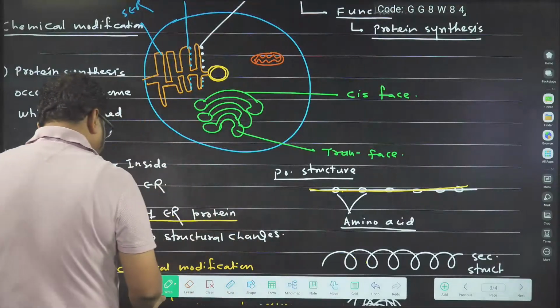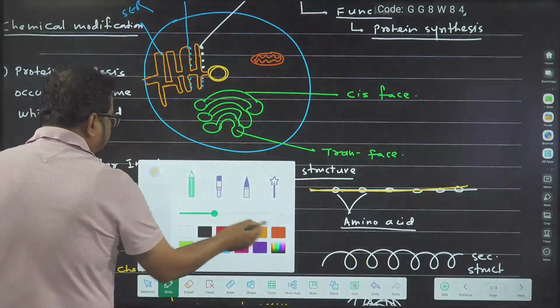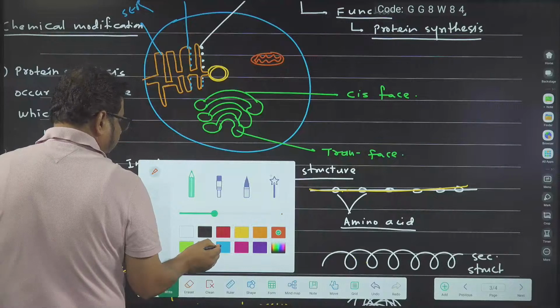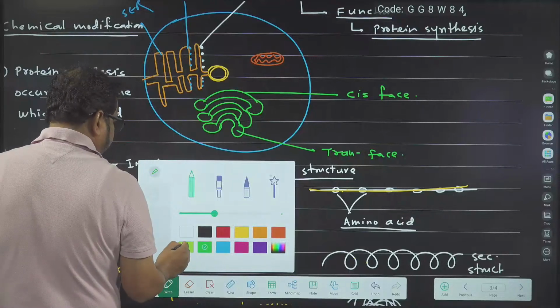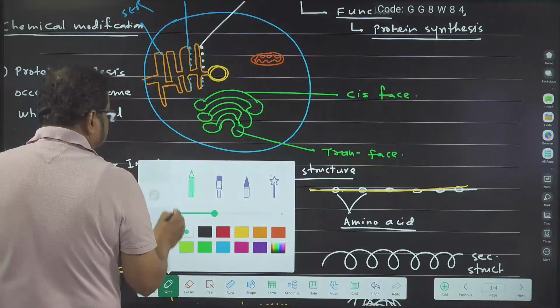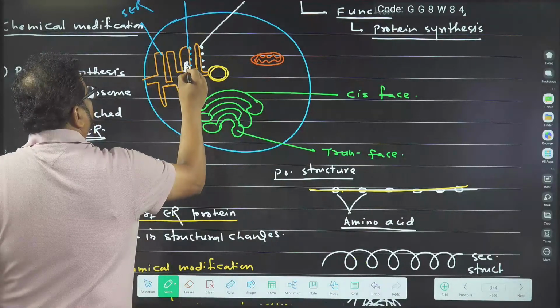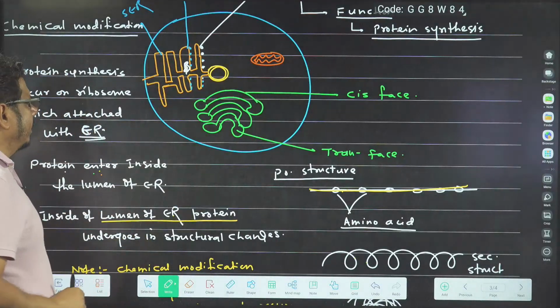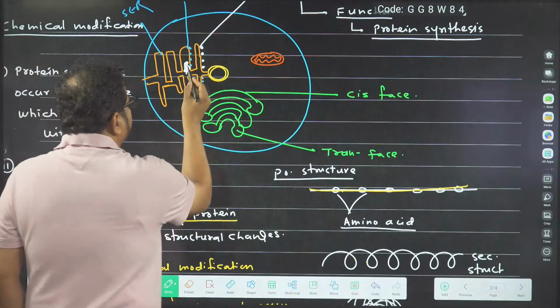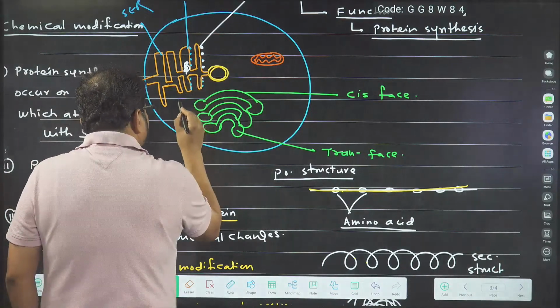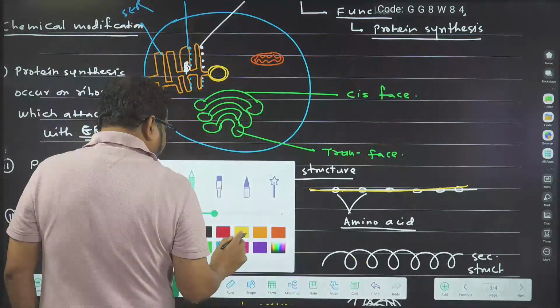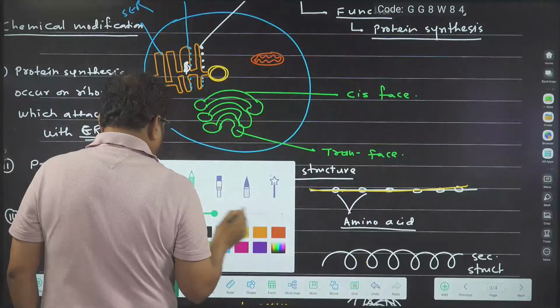Now here is the protein. Suppose that it undergoes a structural modification. Now what happened? The protein synthesized on the ribosome is packed in a vesicle of the ER.